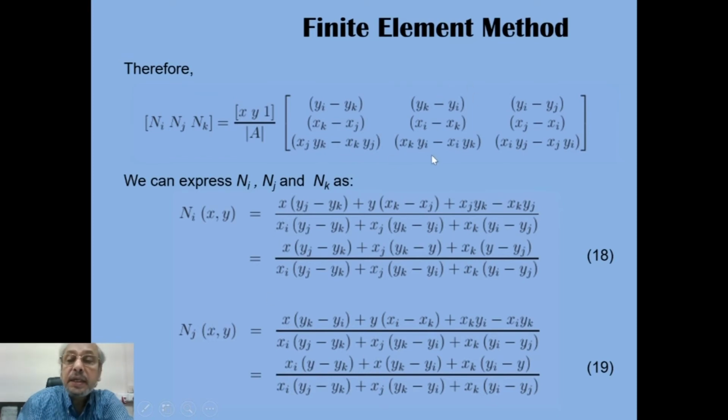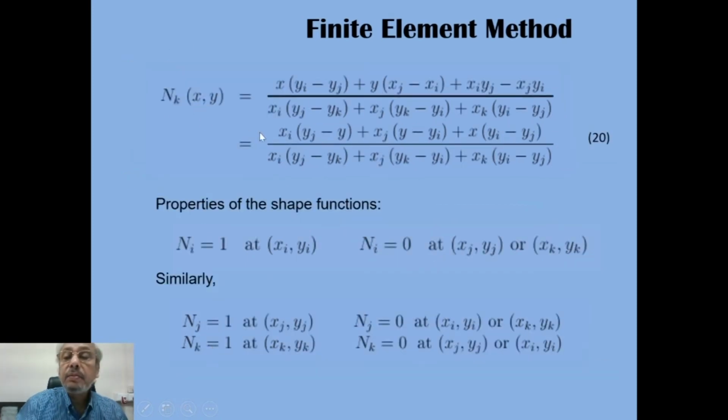Nj, second column into this row matrix, and we'll get this divided by determinant. So equation 19. So basically these three terms Ni, Nj, Nk we can find out from this relationship, xy1 multiplied by this matrix divided by the determinant. Individual terms of Ni, Nj and Nk we have found out.